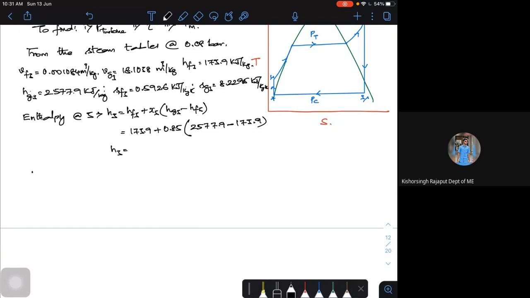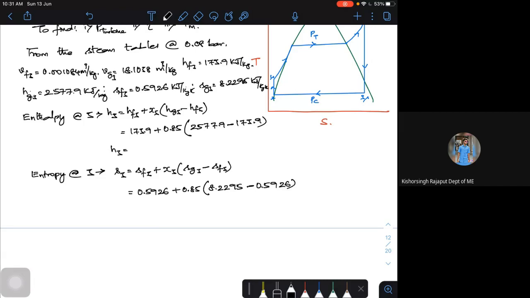Similarly, entropy at 3: S3 is equal to SF3 plus X3 into SG3 minus SF3. So S3 is equal to 0.5926 plus 0.85 into 8.2295 minus 0.5926.